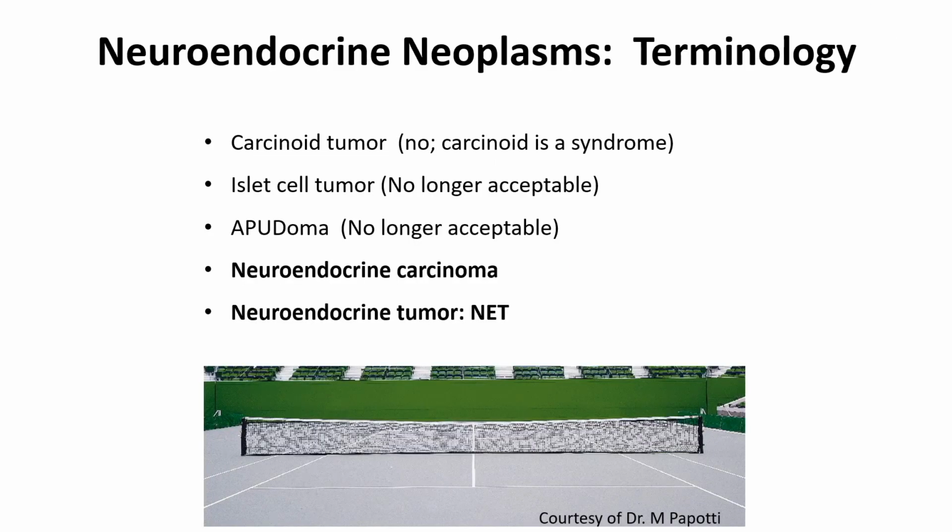Now, tumors of these cells have a lot of different names, and I just want to debunk a few and help you understand current terminologies. Many people still use the term carcinoid tumor, and the lung guys are the strongest holdouts. They really love this terminology, but we're convincing them to change as well. First of all, it's wrong.